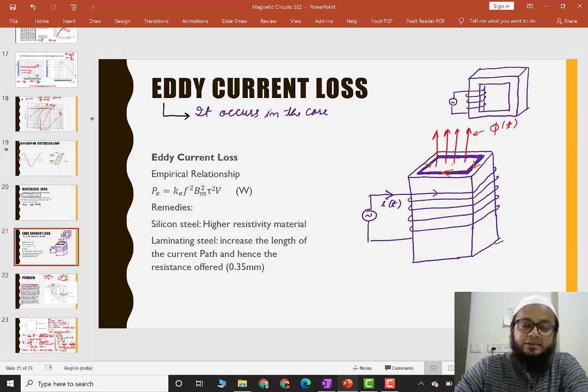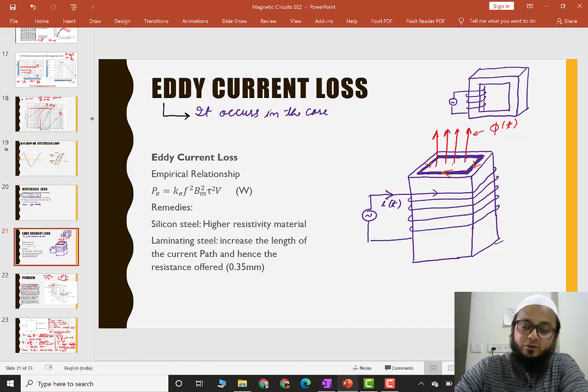Since the loss is an I square R loss, a current loss, if the current has reduced, the eddy current losses will reduce.